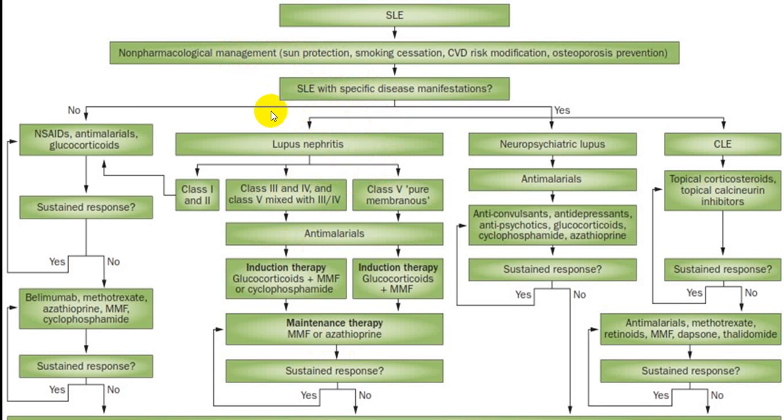If there is no organ involvement, usually you go for NSAID, antimalarial, and glucocorticoids are preferred. If it is lupus nephritis, you will have to go for glucocorticoids, cyclophosphamide, or glucocorticoid and immunosuppression drugs. If there is neuropsychiatric involvement: antimalarial, anticonvulsant, antidepressant, glucocorticoid and immunosuppression.